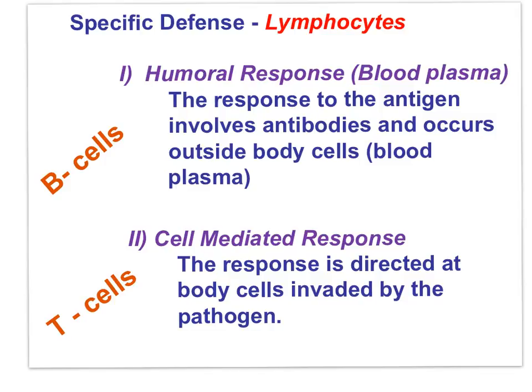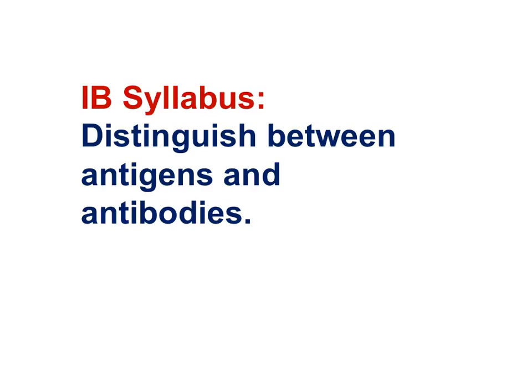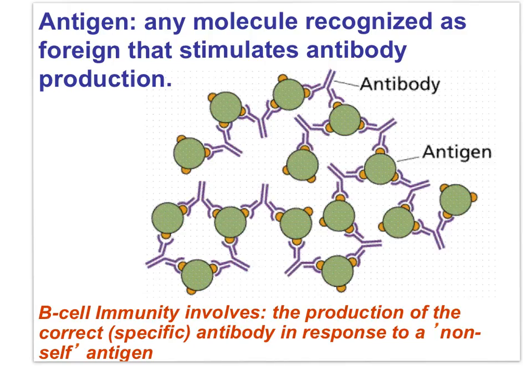But before we can talk about how the B cells and T cells identify the pathogen, we need to distinguish antigens and antibodies. An antigen is any molecule recognized as foreign that stimulates antibody production.